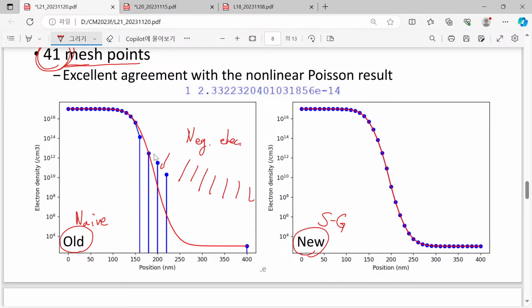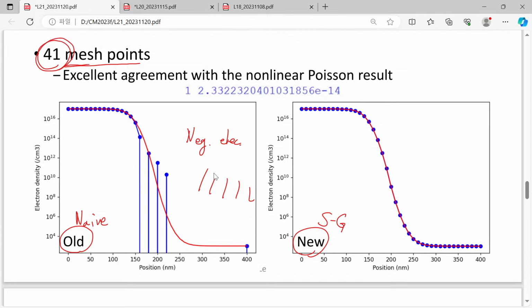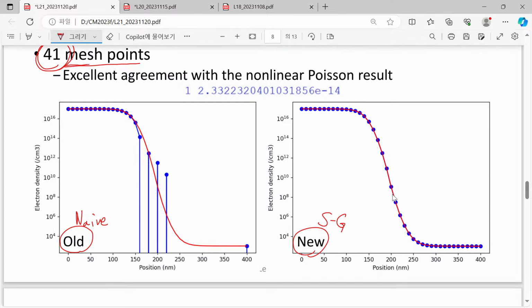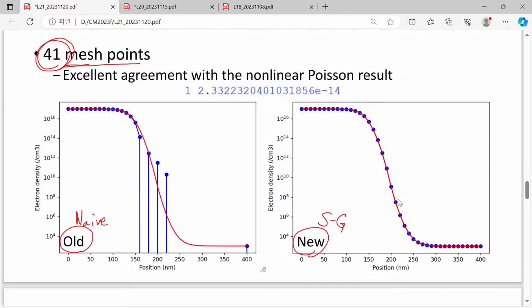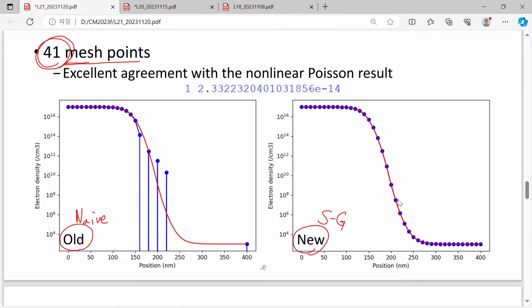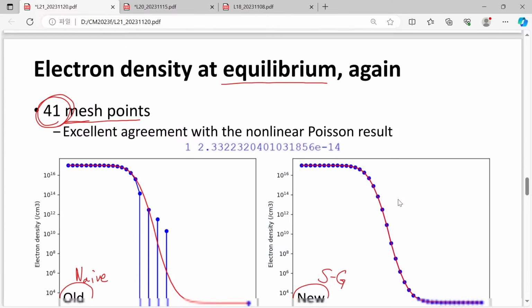That was a drastic failure of our discretization. However, the Scharfetter-Gummel scheme just predicts the same solution as the solution of the nonlinear Poisson equation. Good, but this is just for the equilibrium case.